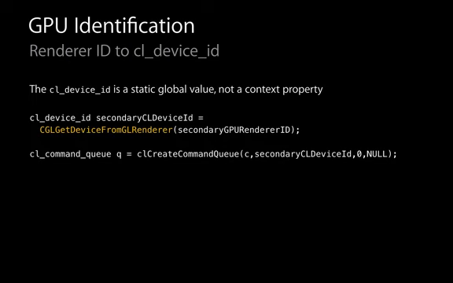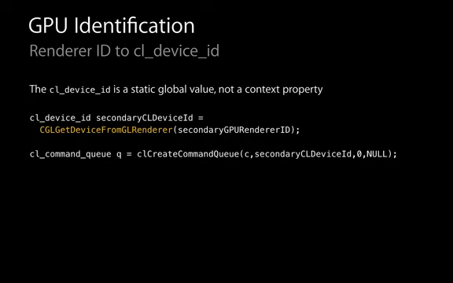Now I have to go from a renderer ID that I obtained from CGL to a CL device ID. And in Yosemite, there's an API that we can use that will convert a renderer ID directly to a CL device ID, and that function is CGLGetDeviceFromGLRenderer. I pass in the renderer ID, and it gives me back a CL device ID.